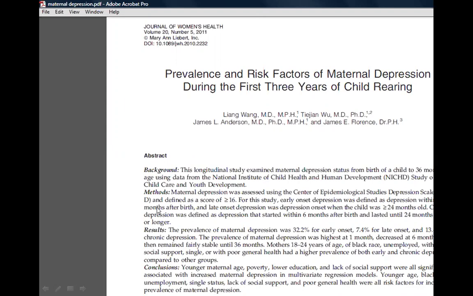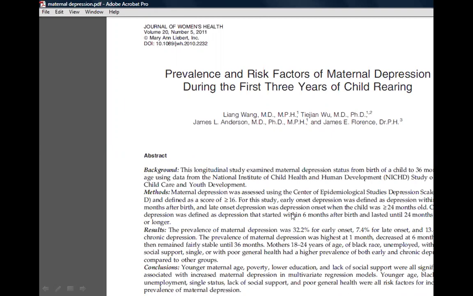I think it's 3 months, but I could be wrong, but you're not going to get tested on that. And I give you the resource for the article if you'd like to look at it. But here's the results. The prevalence of maternal depression was 32.2 for early onset, 7.4 for late onset, and 13% for chronic depression.